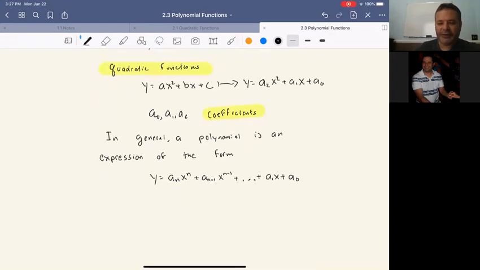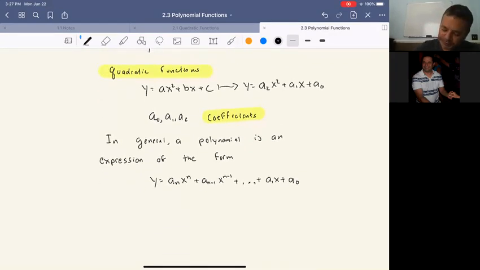So a couple things to note. First, this is a polynomial of degree n.